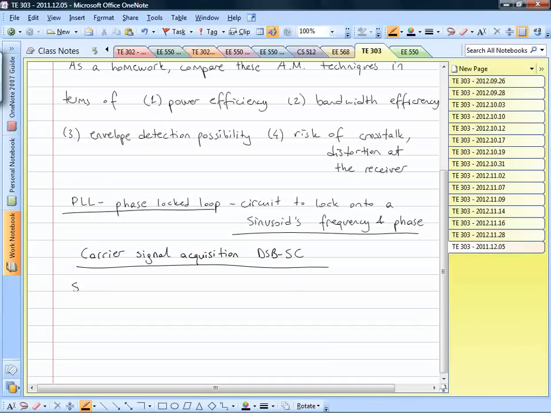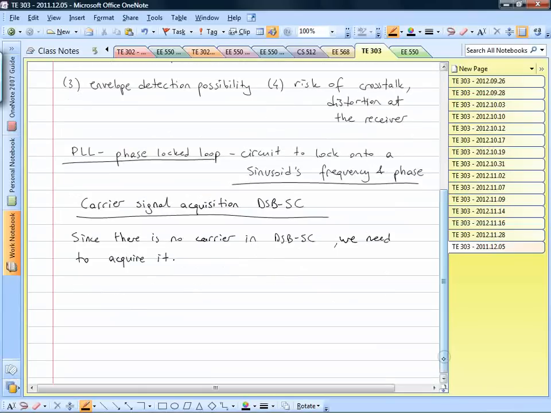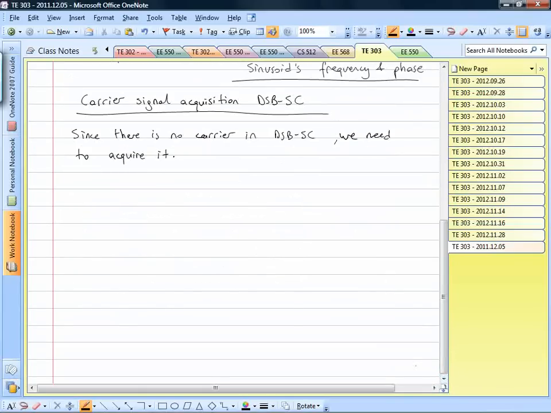Since there is no carrier in double sideband suppressed carrier, we need to acquire it, right? We need to somehow generate it. Okay, acquire it. And such a circuit that I'm going to draw here now will be able to do that.